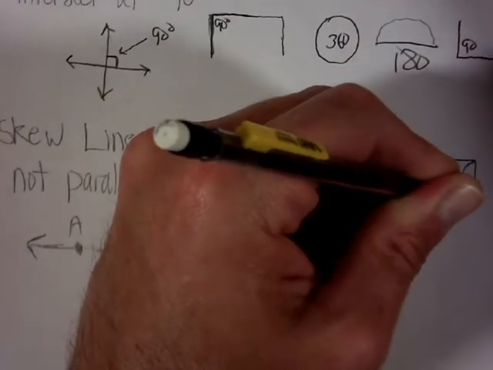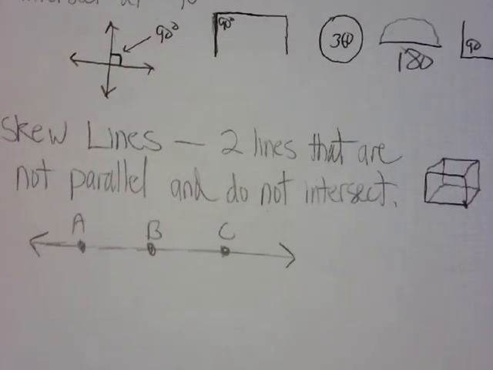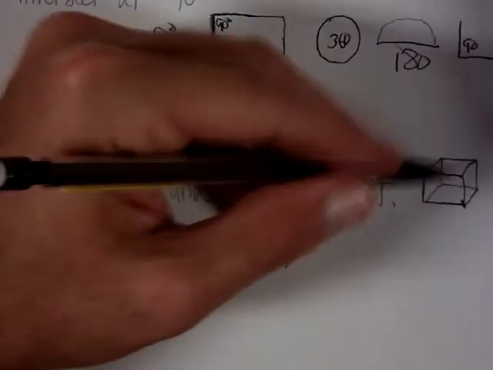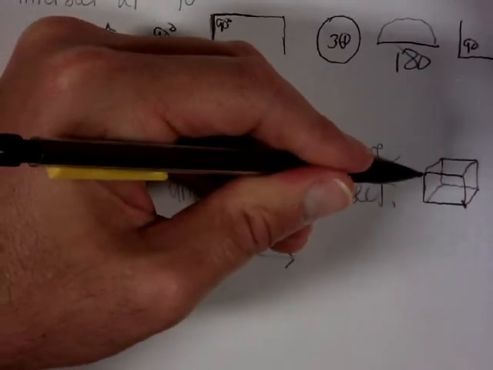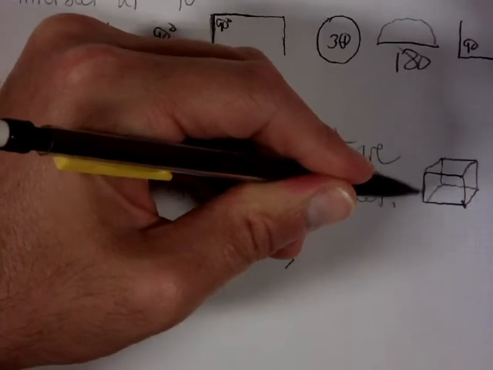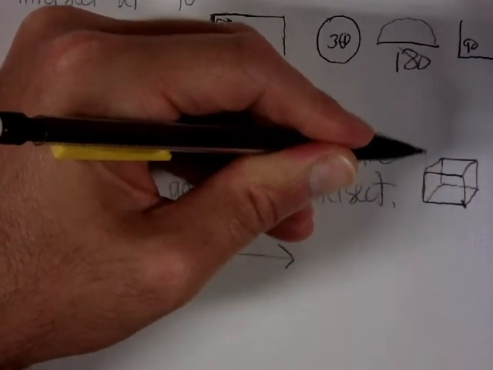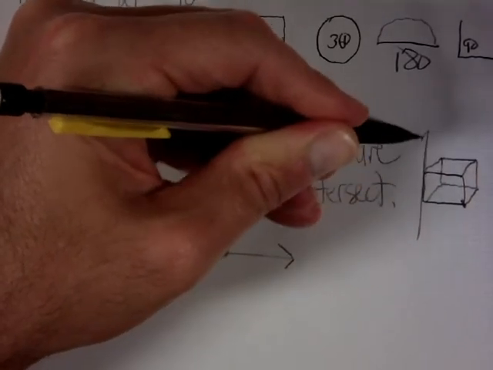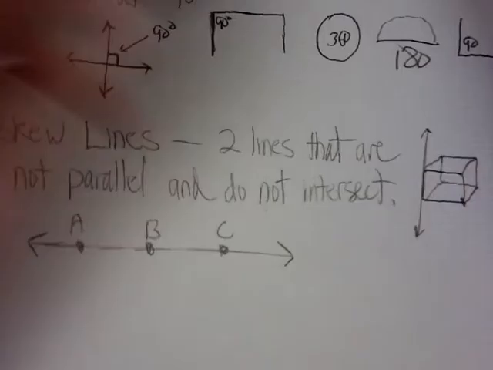All right. So skew lines are lines that are not parallel and they do not intersect. So for example, if I took the line that made up the front, this would be like facing the box left, the front left side of the box. This line, let's say I'm looking at. That's one line I'm looking at.